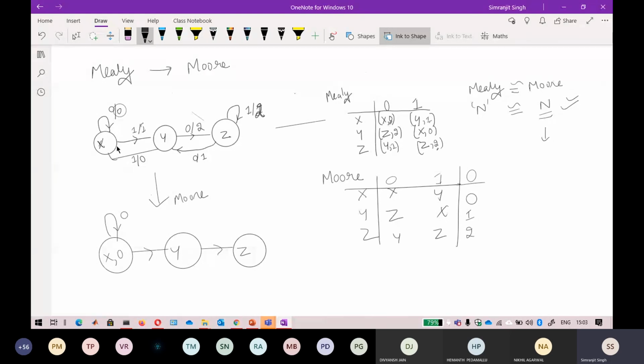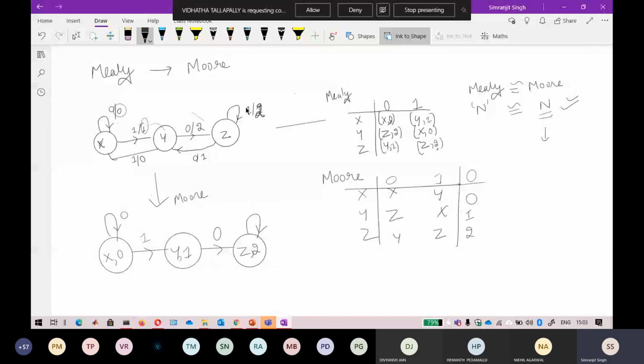In the same way, if you see here, this one is going towards Y with the output of 1, so take the output from here and place it with Y. Now for this one, 0, take the output of 2 from here and place it with Z. In the same way, if you take the output from here and place the 2 inside, it is already placed inside, so don't worry about that.